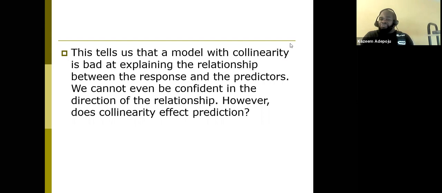We cannot even be confident in the direction of the relationship. Direction means the sign, because it could be positive and it's actually going to give you a negative, or it could be negative and it's going to give you a positive. However, does collinearity affect prediction? Okay, so that is that.